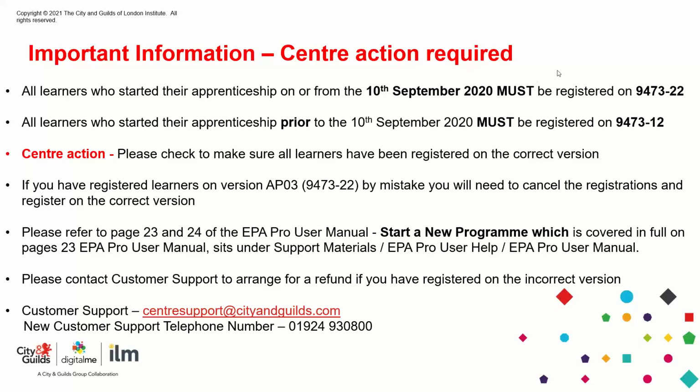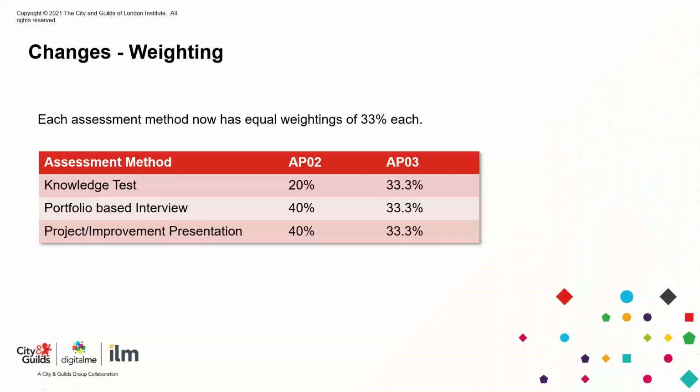Thank you, Mandy. Okay, so now I would like to tell you in a bit more detail how the new assessment plan has impacted the endpoint assessment, specifically in terms of weighting and grading.